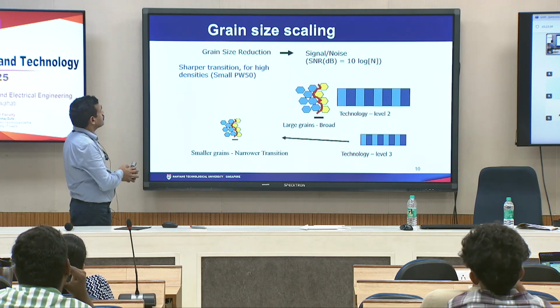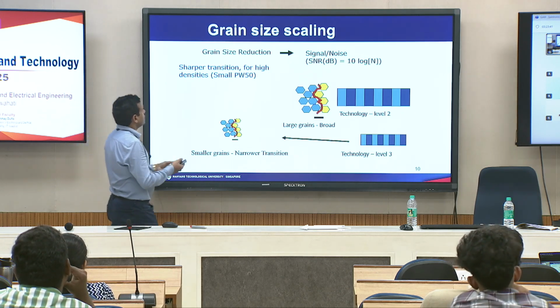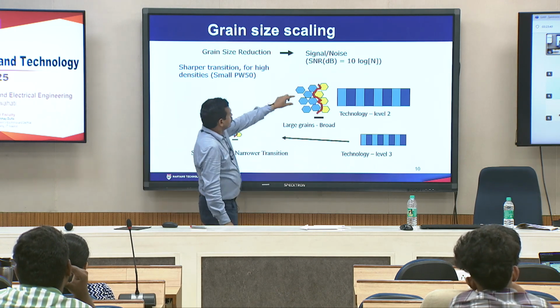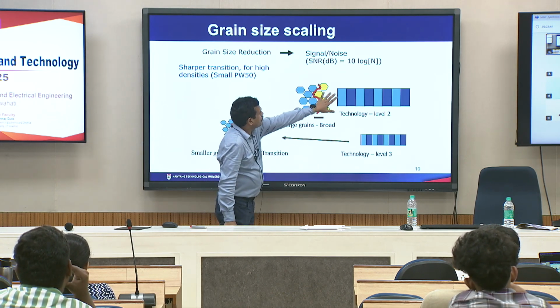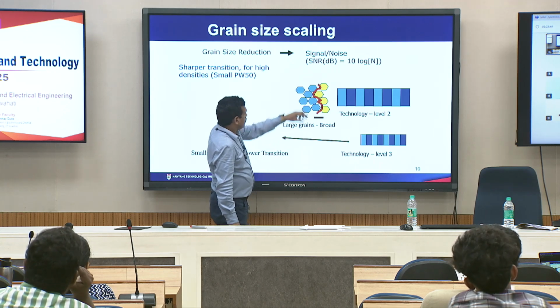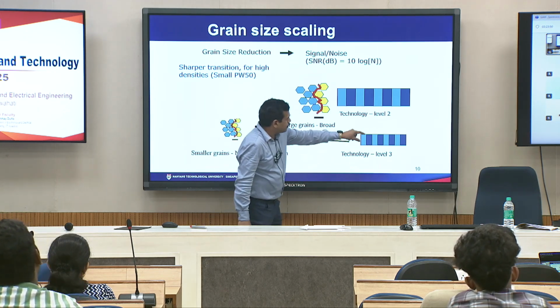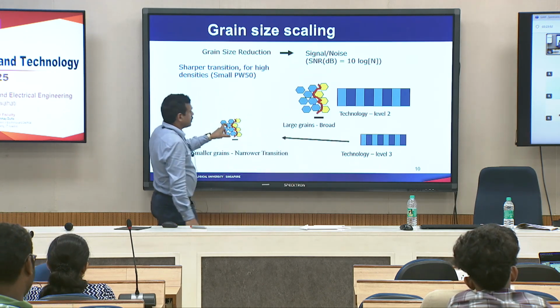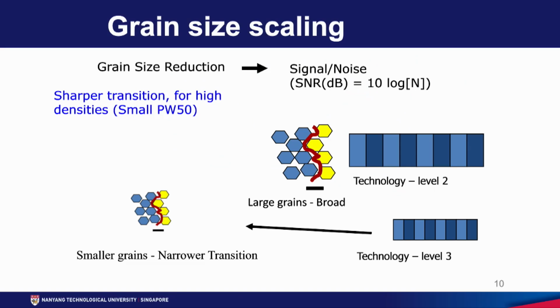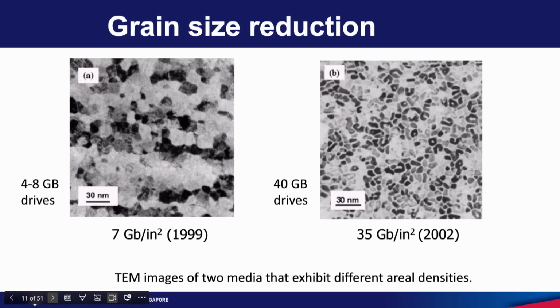That growth happens by making the grains smaller. Let us say in one particular technology your grains are this big. When you move to another technology where the bits are small, you make the grains smaller, even smaller. The diameter of the grains gets reduced.